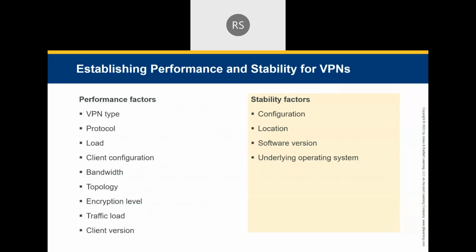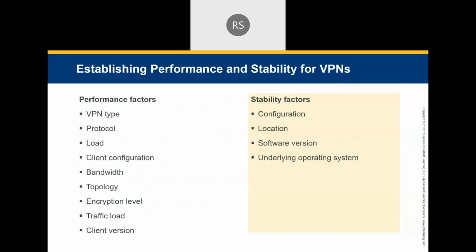Available bandwidth plays an important role in VPN performance. That will affect data transfer speeds. The network topology, which includes the number of hops and routing path, can impact VPN performance as well. Another thing that can affect performance is the level of encryption used in the VPN connections.